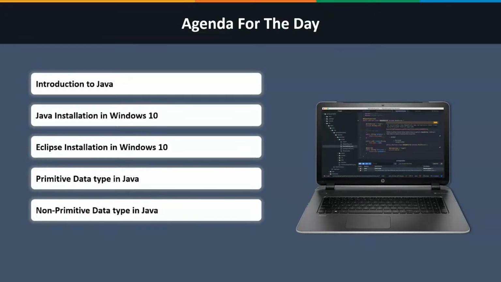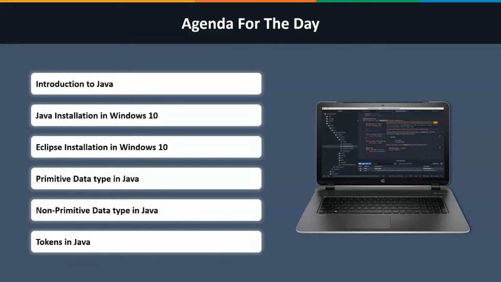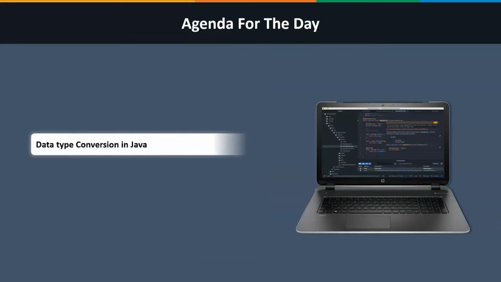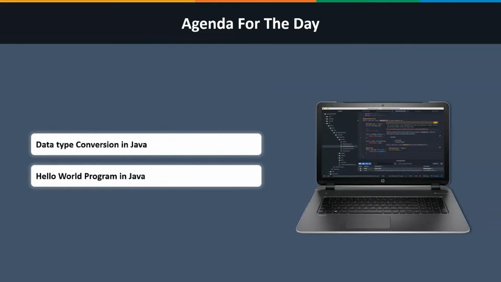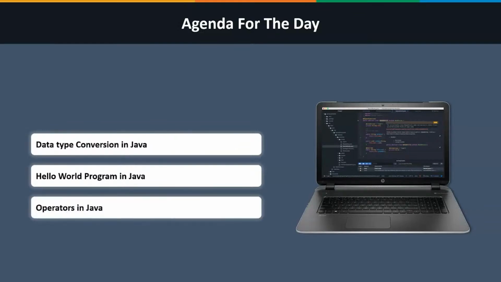We'll cover certain topics like tokens in Java and data type conversion in Java before we create our first Hello World program in Java. We'll finish this video up by going through another important topic, that is operators in Java, wherein we'll cover the different types of operators present in Java.